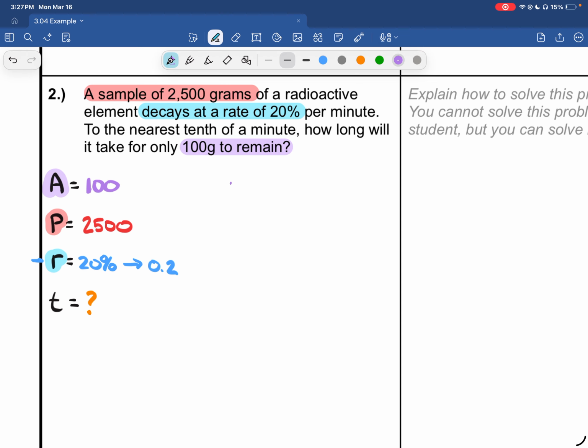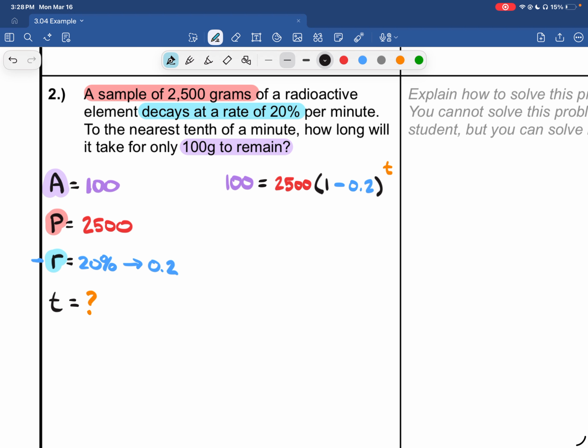So I'll set up the equation 100 equals 2,500 times 1 minus 0.2 to the T power.